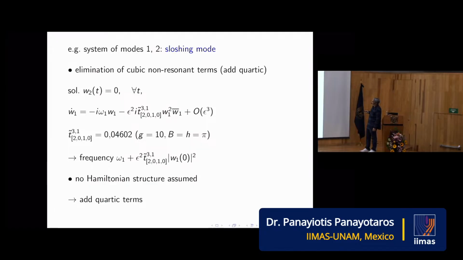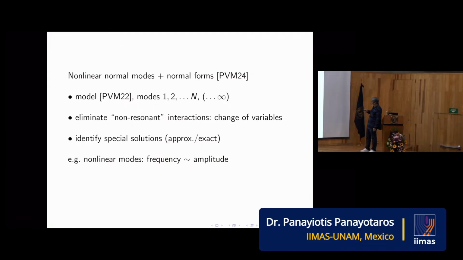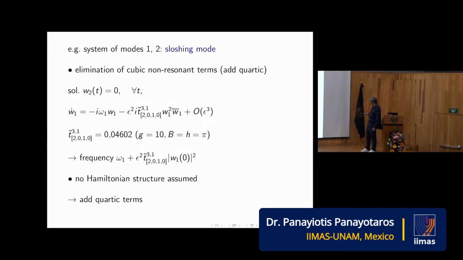Again, our method is applicable to any number of modes, but we wanted to have some computation, and we found some correction to the frequency depending on the amplitude. In other words, the frequency is the known linear frequency of the first mode plus something that depends on the amplitude of the motion.